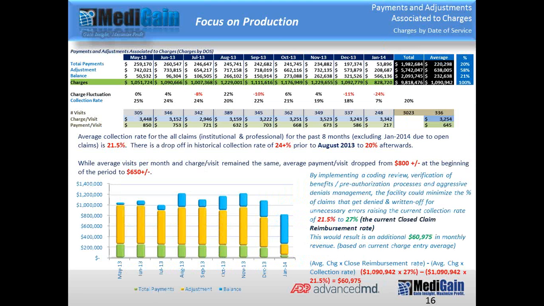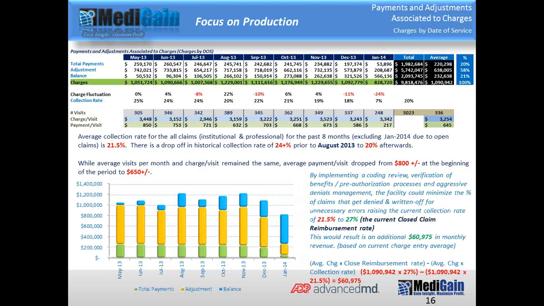So let's talk about the overall collection rate and the closed claim collection rate. These numbers are going to come from just the basic reports that you can pull out of your system without too much difficulty. The overall collection rate is a very, very simple ratio. It's all the money you got in associated with all the charges, including write-offs, including AR.